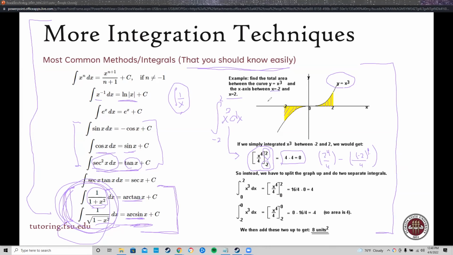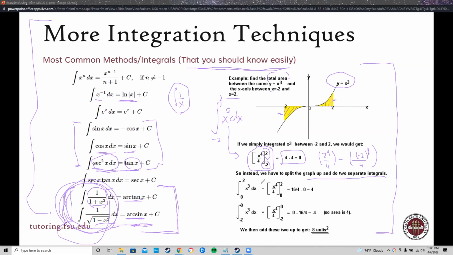However, if we're trying to find the total area, like the max area or just the magnitude, then we don't really want to do a full integral, because that'll assign a negative value to this part and a positive value to this part. If we're just trying to find total area, it doesn't matter whether it's negative or positive. So instead, we'll split the graph up into 2 separate integrals to get a total area.